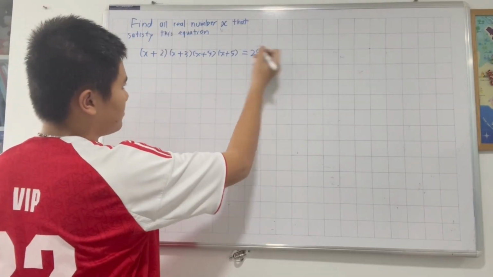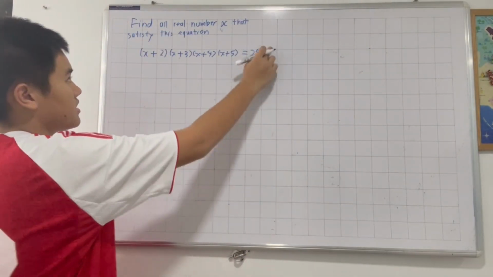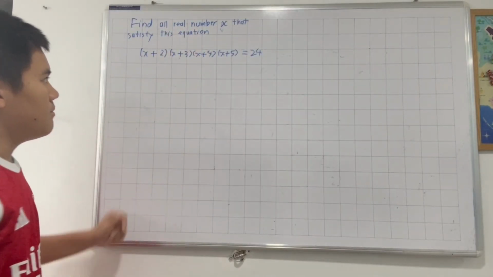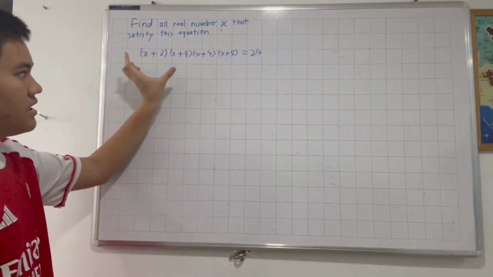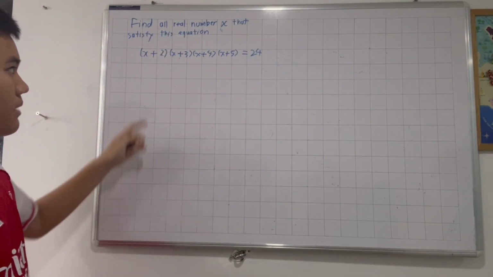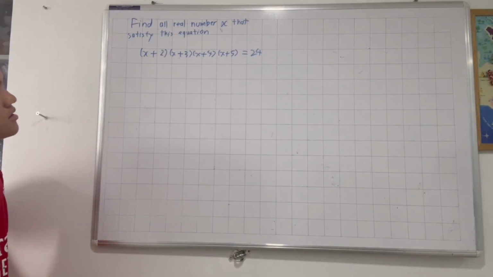Yes, you can factorize, but it's really hard because they're real numbers, so you have to expand it out. But how you expand this is important, because if you expand the wrong way, it may lead to your solution being way longer than usual.